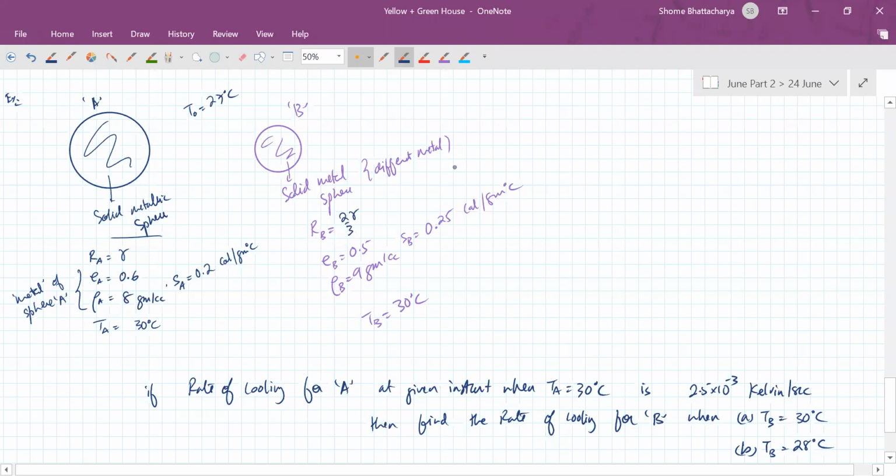So you'll see that basically you have to apply Newton's law of cooling here, because when you convert the temperatures to Kelvin, you will see that the difference between the surface temperature of A and B and the atmospheric temperature is very small compared to the atmospheric temperature. But remember, to gauge whether delta T is very small compared to T naught, you have to take the temperature in Kelvin.